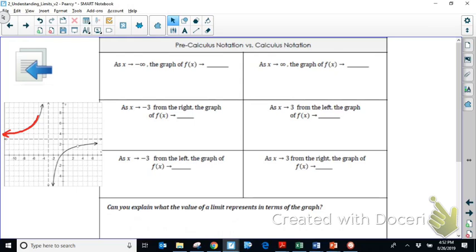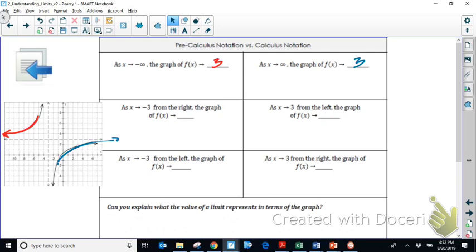We see we're getting closer and closer to the horizontal asymptote at 3. As I go towards positive infinity, what happens to the function? Again, I'm going to approach the horizontal asymptote at 3.